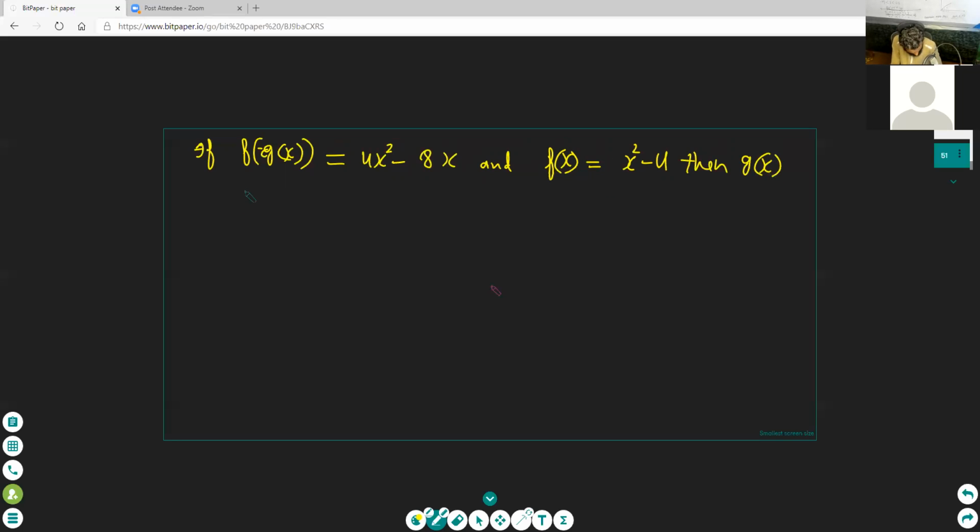Wait, I put some values, then you can check which is g of x. Okay, it is very easy, think.